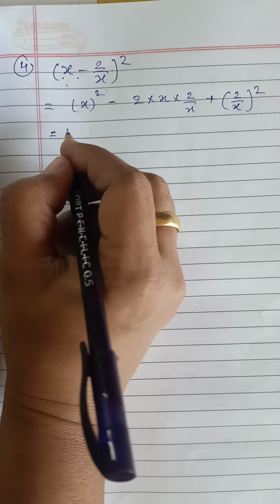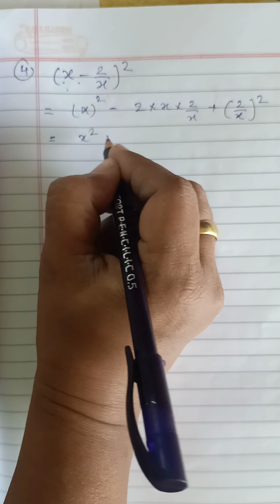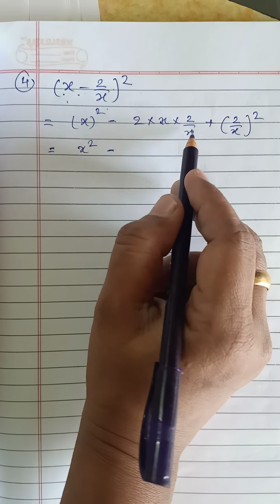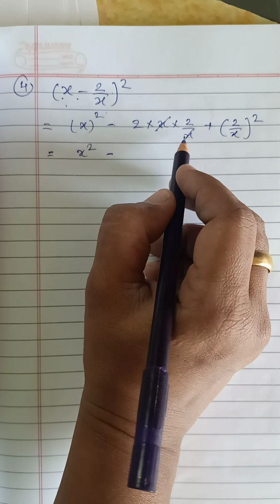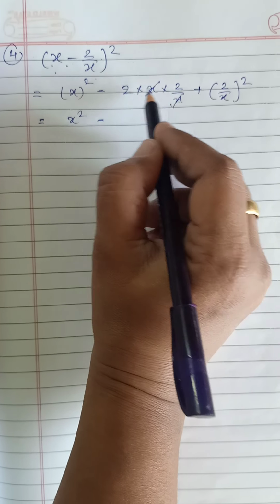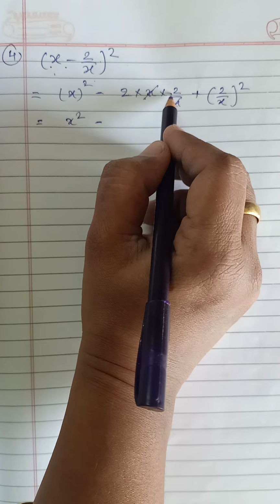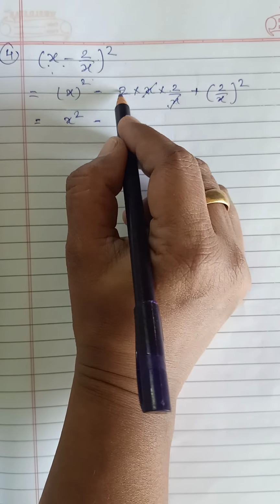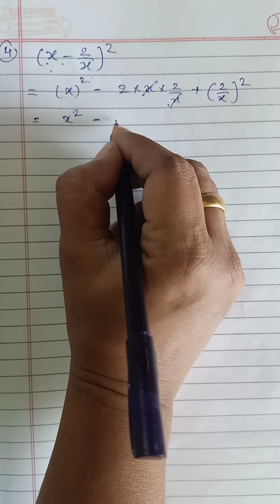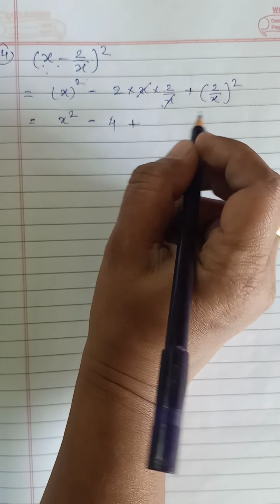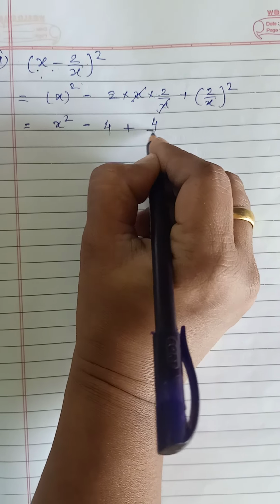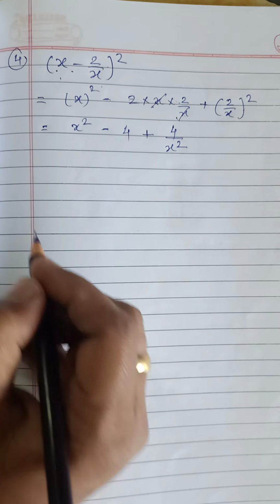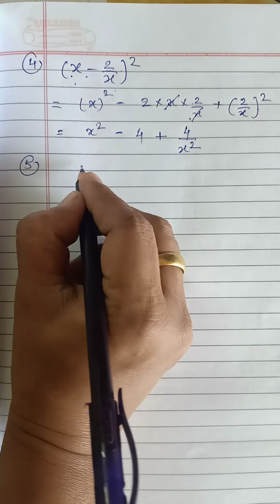So x square is x square minus, now it is a numerator denominator, so we can cancel this x and x, one from numerator, one from denominator, and both the 2s are in the numerator, so we cannot cancel, we have to multiply this. So 2 2s are 4 plus (2/x) the whole square, so 2 square is 4 and x square is x square. So this is the fourth answer.